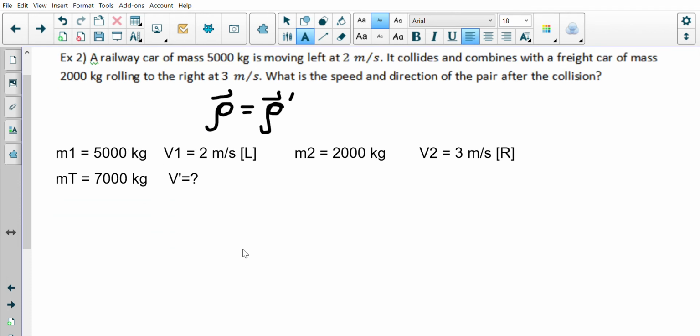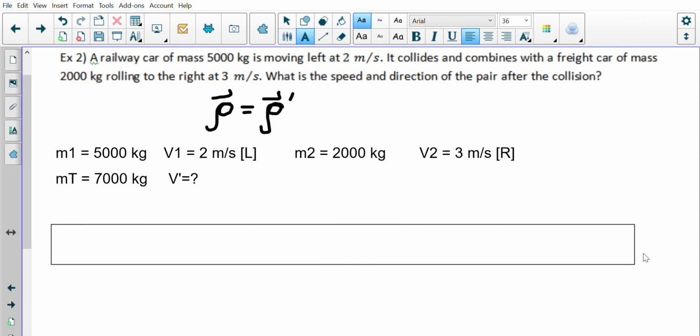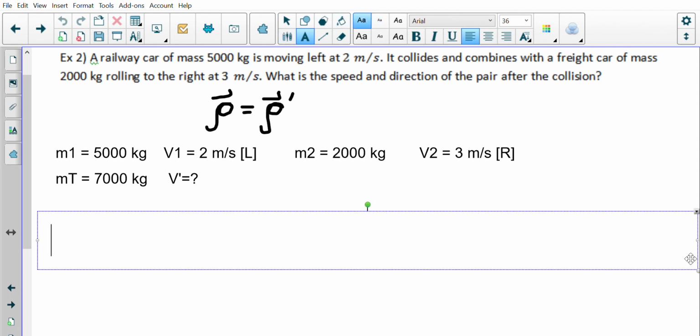All right, so now just to look at our formula here, our initial momentum is M1 times V1 plus M2 times V2, and then it's equal to the total momentum when we only have one object.